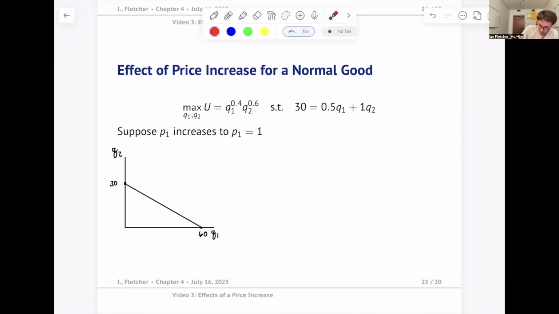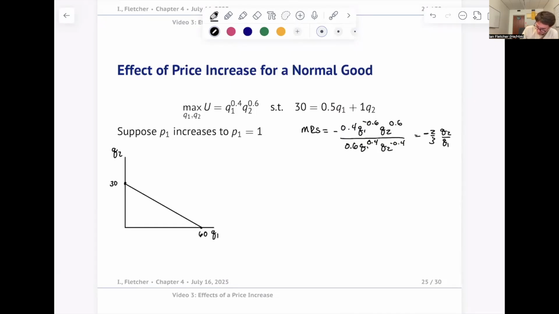If we wanted to take the MRS, which should equal minus 0.4 Q1 to the minus 0.6, Q2 to the 0.6, over 0.6 Q1 to the 0.4, Q2 to the minus 0.4, we're going to get minus 2/3 Q2 over Q1. Our MRT should be minus 0.5 over 1, which should equal minus 1/2.